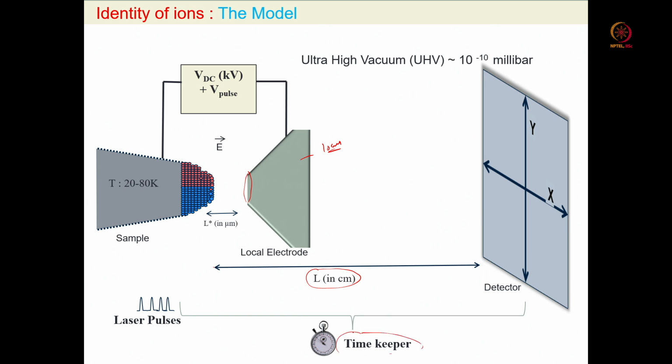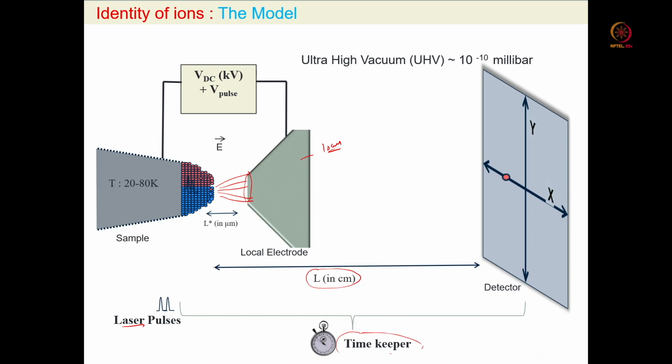Okay, so when you apply a pulse, either the laser pulse or the voltage pulse, one atom gets polarized and accelerated along the field lines, and it hits the detector at a position XD and YD.